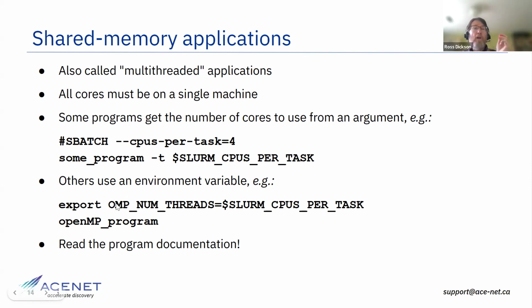And OpenMP programs usually get the number of cores they want to use from an environment variable called OMP_NUM_THREADS. Your application potentially could use a different environment variable. Read the documentation. But you can do the same trick with OMP_NUM_THREADS. We need OMP_NUM_THREADS to be defined. We want it to be the same as CPUs per task, so we just transfer the value $SLURM_CPUS_PER_TASK into the variable OMP_NUM_THREADS, and then we run the program.